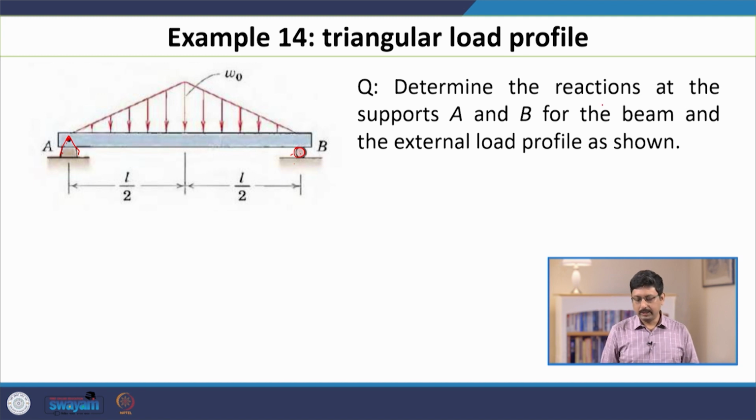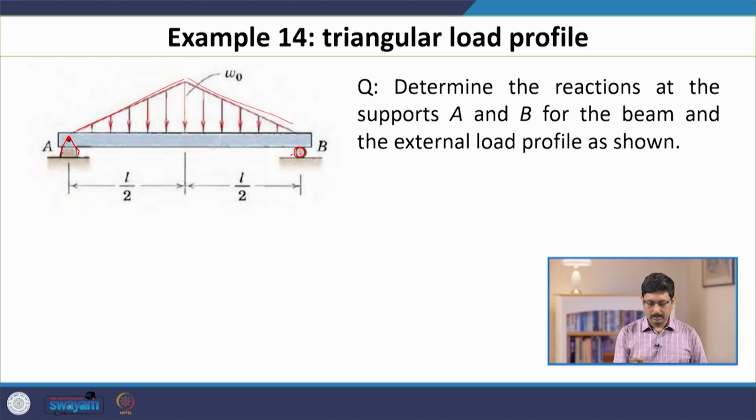Determine the reactions at the supports A and B for the beam, and this line represents the external load profile. The question asks what the forces are at the supports A and B.